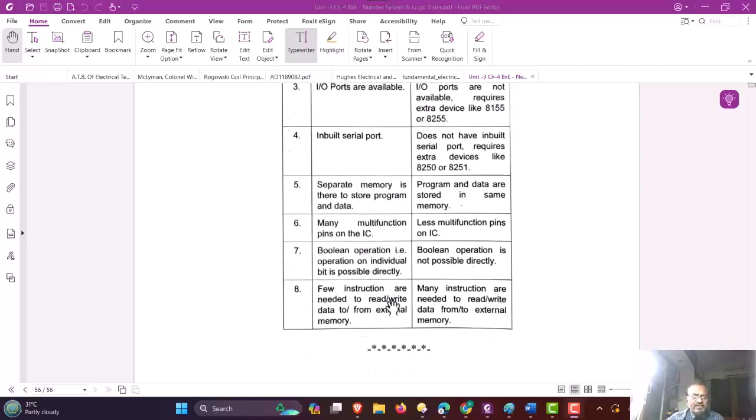If you see the instruction set of a microcontroller, it provides powerful bit manipulation instructions, whereas general purpose microprocessors lack bit manipulation support or have low support for manipulation of single bits.